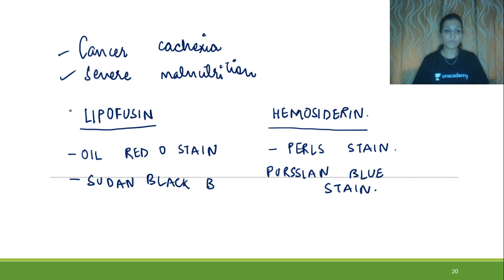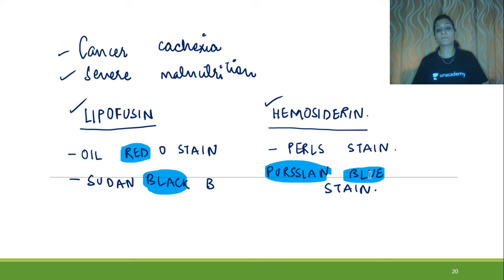When lipofuscin pigment is stained with Oil Red O stain, it appears red, because it's already in the name. When it is colored with Sudan Black B, it appears black. And hemosiderin, when stained with Pearl's stain, appears Prussian blue in color, right?